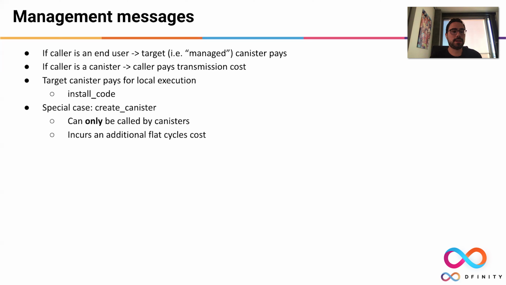This cost is added to make sure that we don't get spam of a lot of canister creation requests. So it's a protection mechanism to make sure that someone will be very sure about creating a canister before doing so.